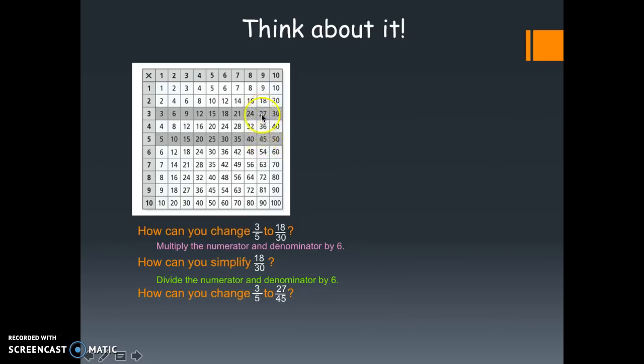We would have to multiply the numerator and the denominator by 9. How can we simplify 27/45? Well, now we're going to have to divide both of them by 9, and that will bring us back down to 3/5.